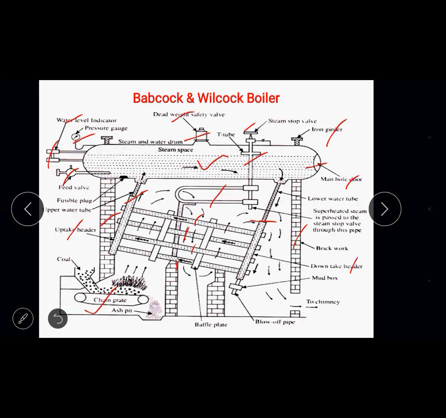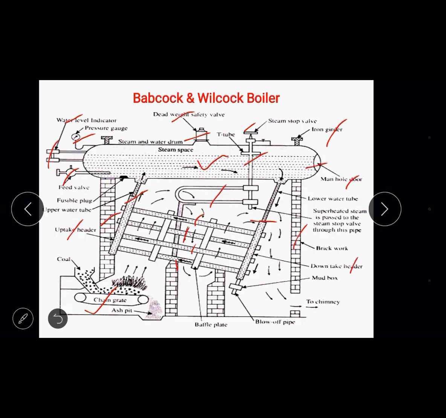The water from the boiler drum will enter into the downtake header. It will pass through these water tubes, and then it will move upwards. As the name indicates, uptake header and downtake header. The uptake header will take the water in the upward direction. The downtake header will take the water in the downward direction. So downward flow of water from the downtake header, upward flow of water from the uptake header.